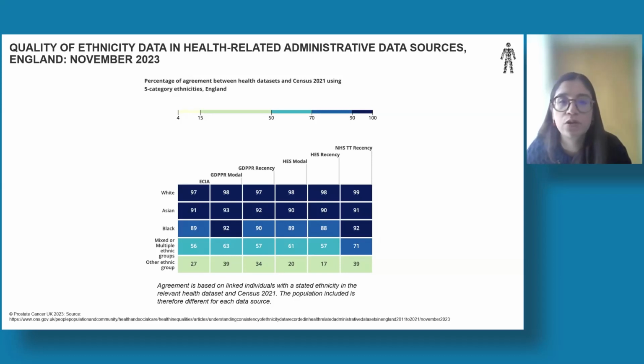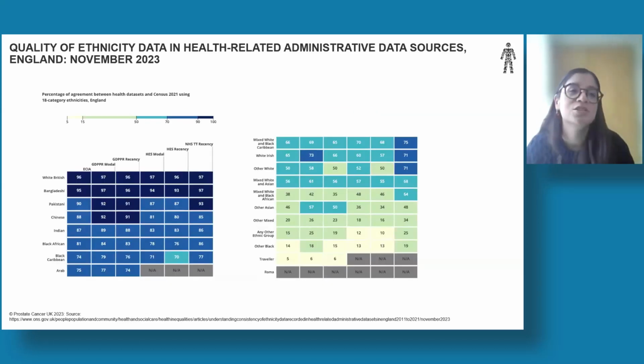Although Black patients have less agreement and those from mixed or multiple ethnic groups have even less agreement, it's not as bad as when we look at the 18 categories of ethnicity. We can see that for the mixed and other groups, which include, for example, mixed White and Black African and mixed White and Black Caribbean, the agreement reduces, which means that it's very difficult to trust this data for research.